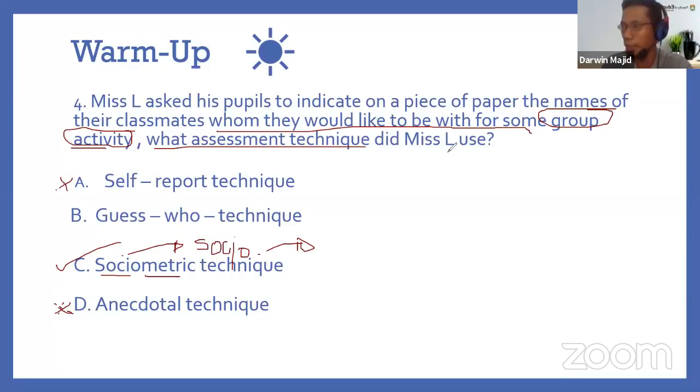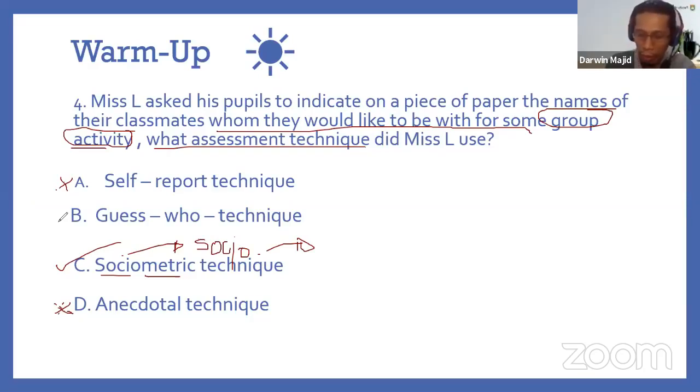Sir, may I ask question po? Just to clarify po. The difference po ba of sociometric technique to guess who technique is that in sociometric technique po, there is an assessment of the relationship?